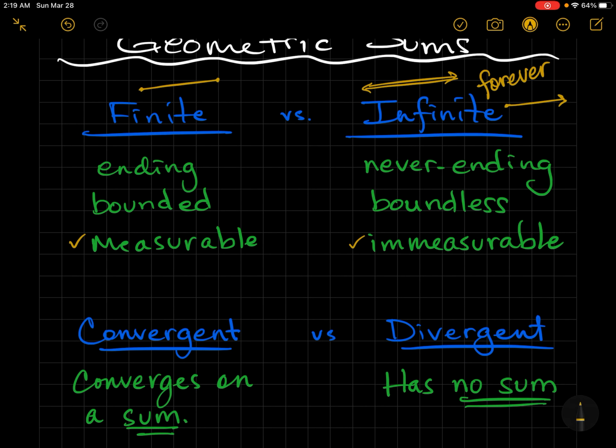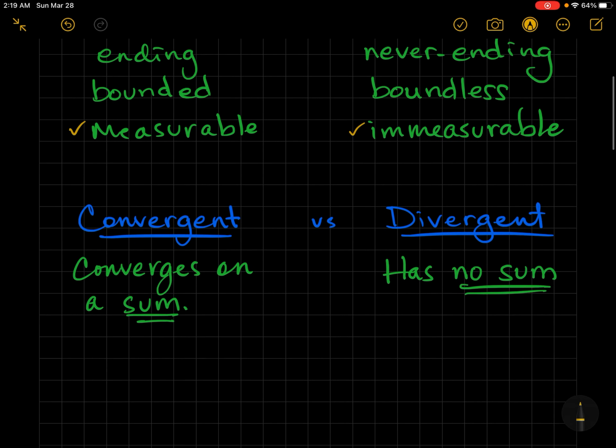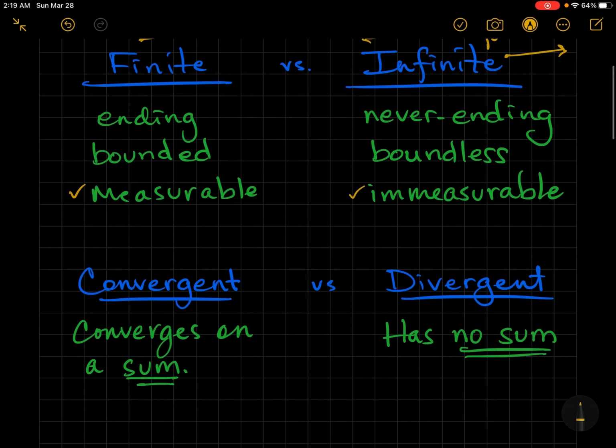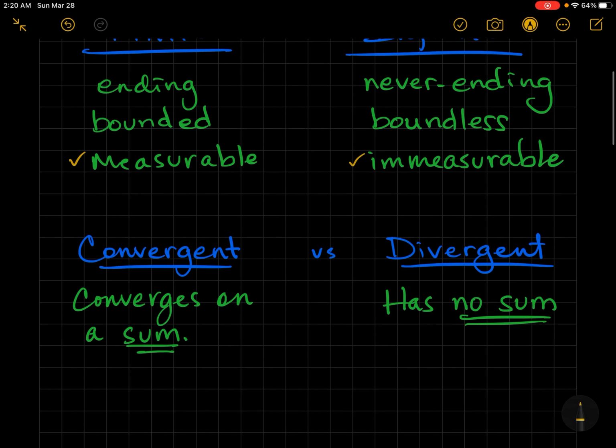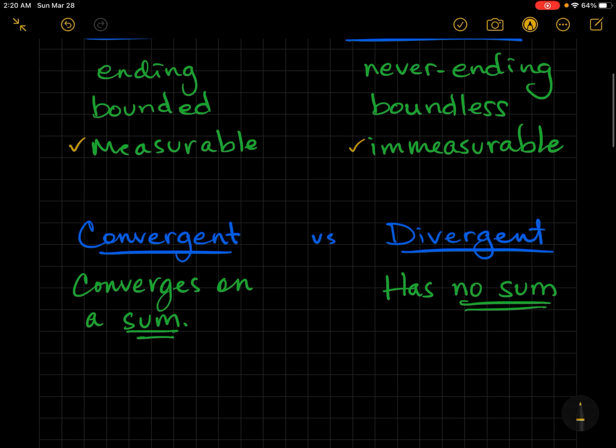Now, I also want you to understand the difference between something being convergent and divergent. A little different than finite and infinite. When you normally think about convergent, you think about things coming together or converging, like the cops converge on the criminal, closing in from all directions.